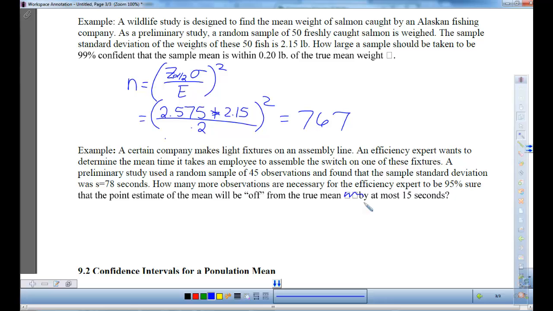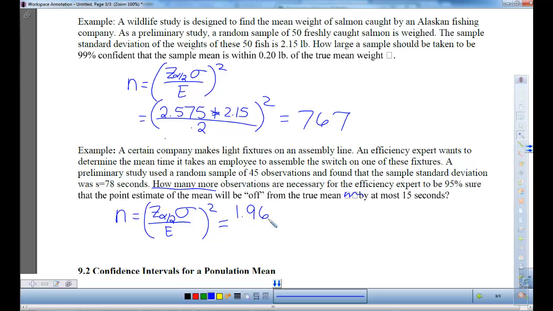Okay. But anyway, what's that? Nope, you've got to know the formula. Okay? Got to know the formula for these. So again, we're looking for the sample size. So we get n equals z alpha over 2 times sigma over E, squared. All right, the level of confidence is 95%, so that's 1.96.